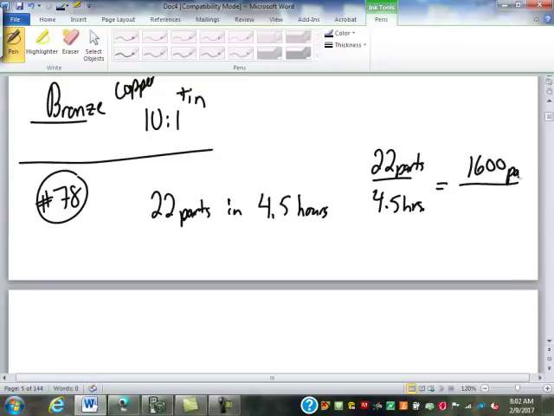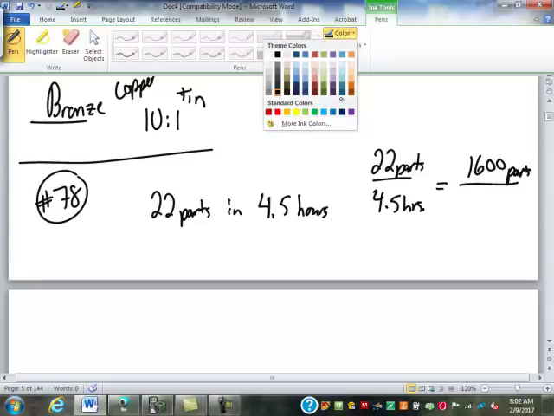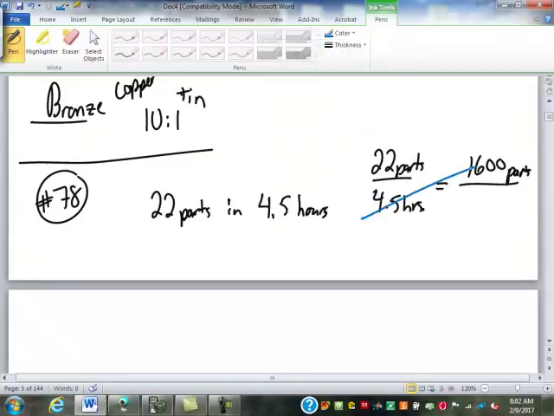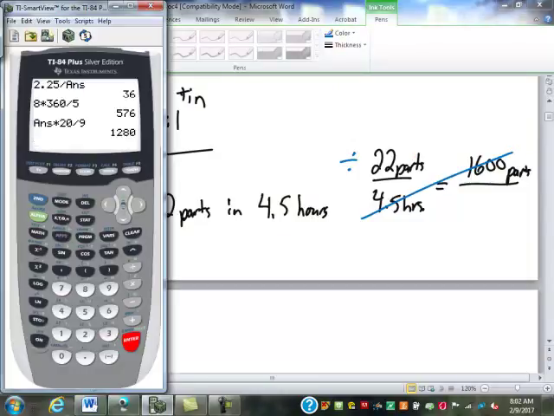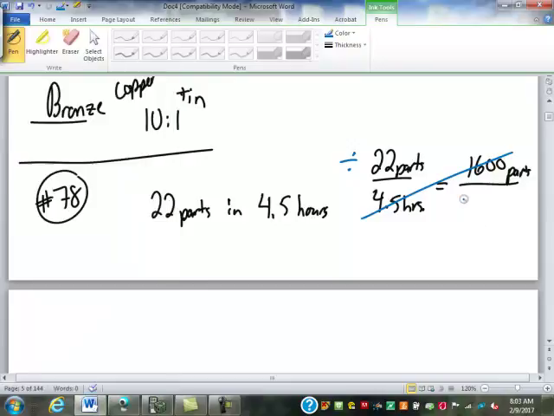So 1,600 parts goes on top, cross multiply and divide. So 4.5 times 1,600 divided by 22, we get 327.3 hours.